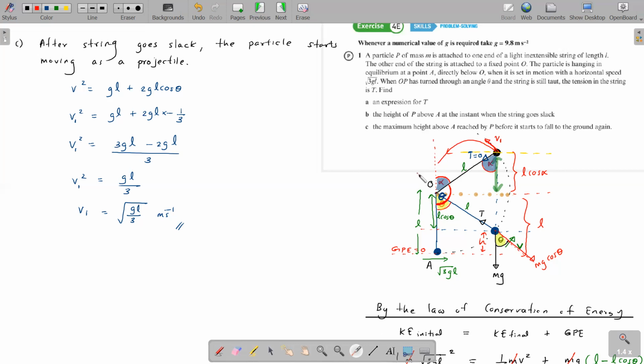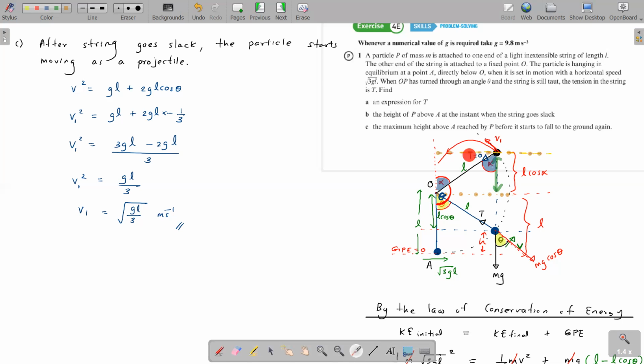So they are asking you to find the maximum height. At this point, when you're leaving the circular path, you found the height, right? We found the total height. But after that height level also, because of the projectile motion, it still goes to another small height upward.